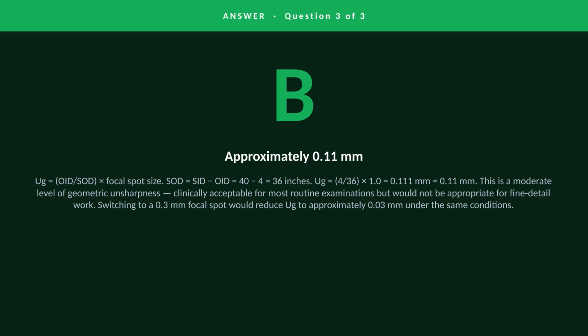Clinically acceptable for most routine work, but not for fine detail imaging. Switching to a 0.3 mm focal spot under the same conditions would give UG of 4 divided by 36, times 0.3 equals 0.033 mm, dramatically sharper.